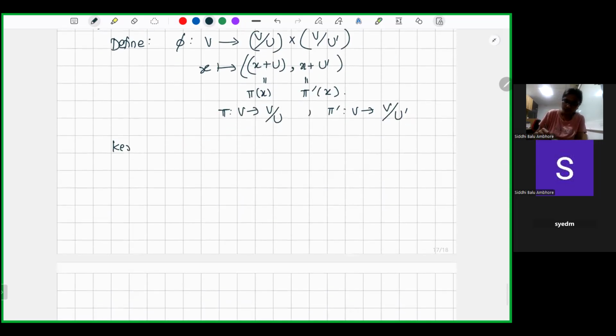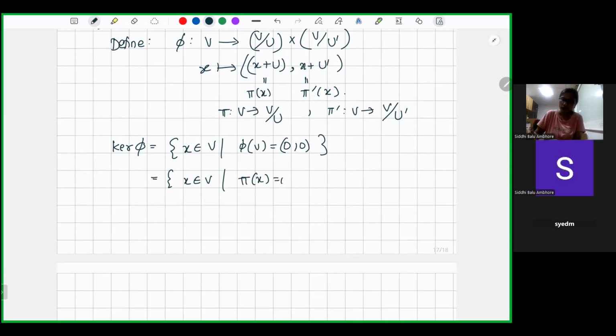So the kernel of this phi is what? This is all those x in V such that phi of x is 0, 0, right? That is, x in V such that each of these terms is 0. That is, pi of x is 0 and pi dash of x is 0, right?